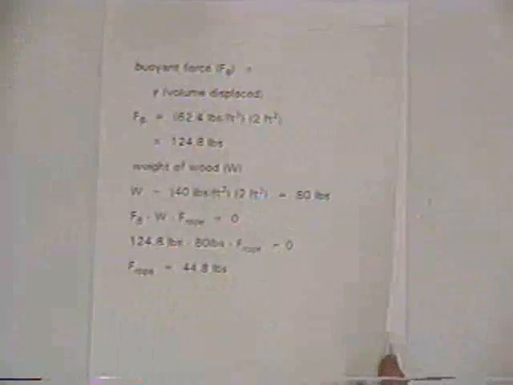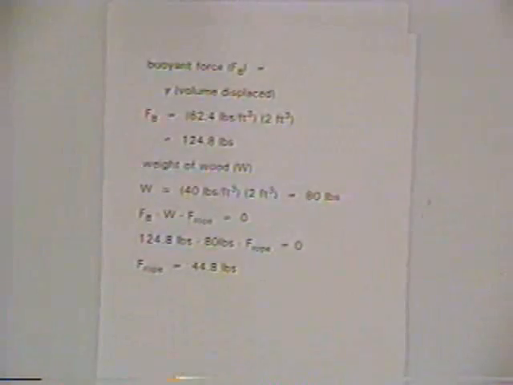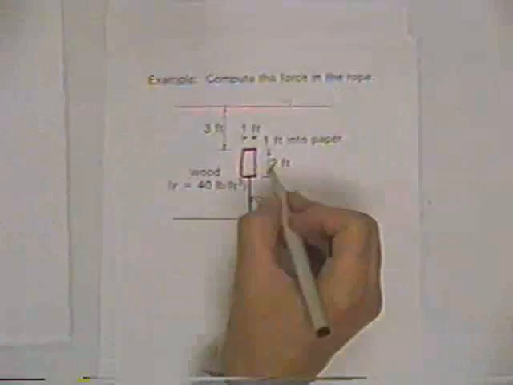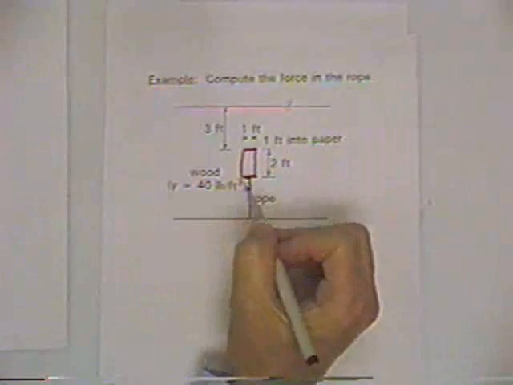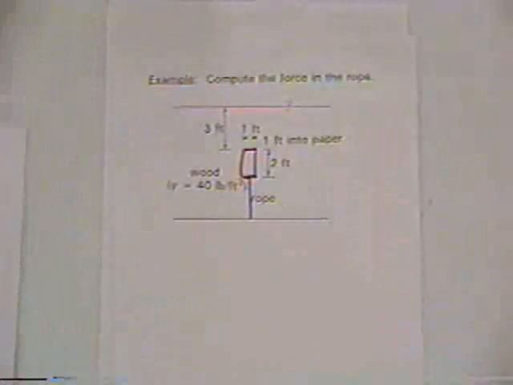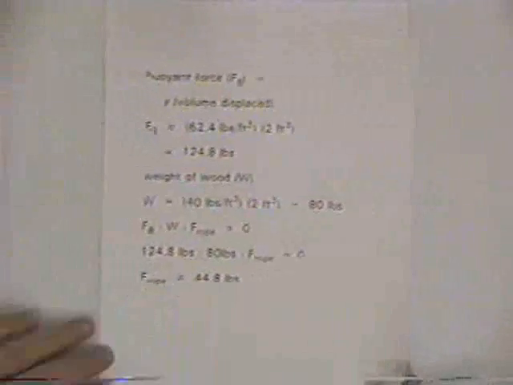And so the buoyant force is just the unit weight again of the fluid times the volume displaced. And so we look at the volume of the block. It's a foot in one direction, it's a foot coming out of the paper, it's 2 feet in the vertical direction, so the volume is 1 times 1 times 2.